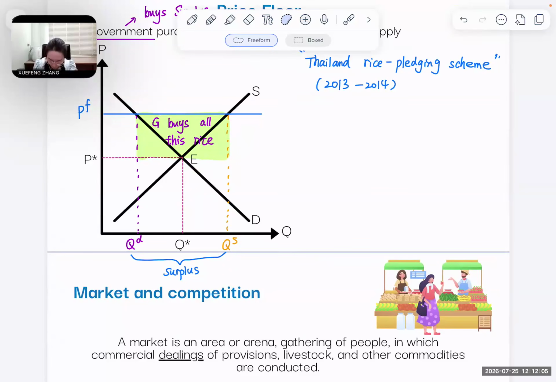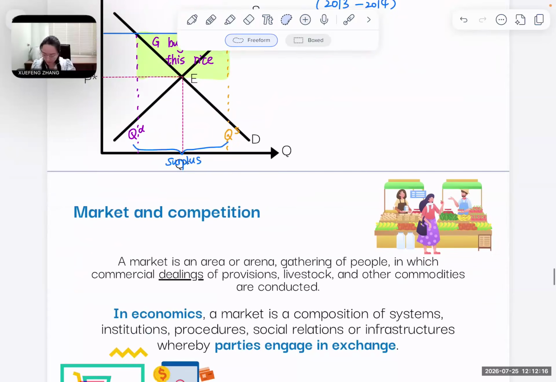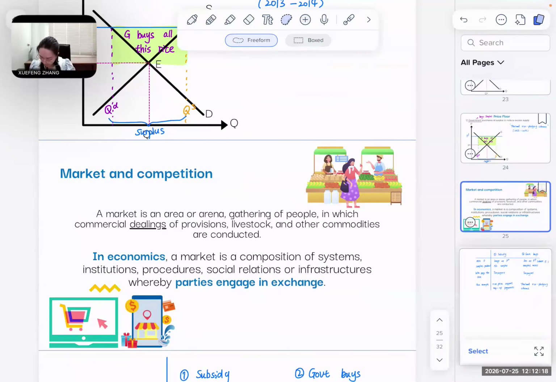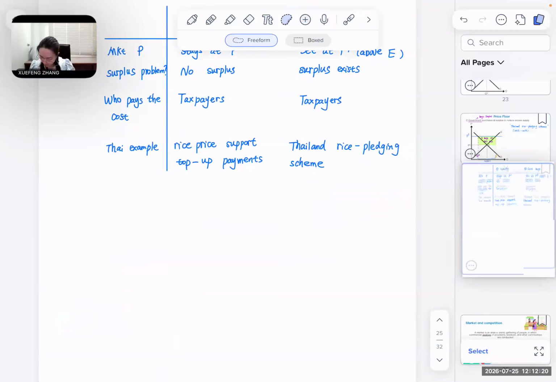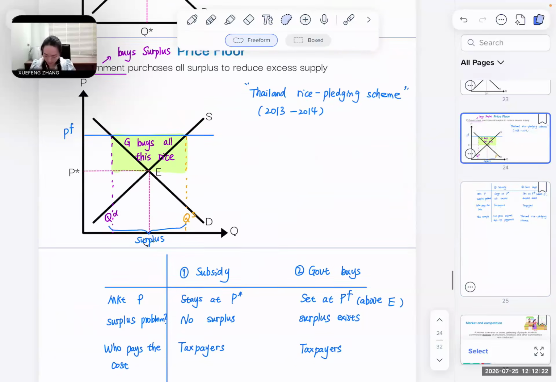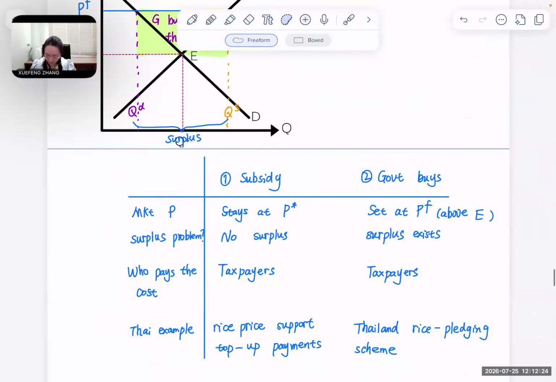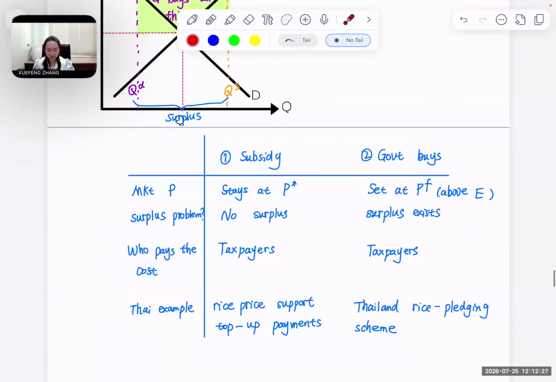Let me move this one. Okay, let me move this one, and then this page should be here. All right. Okay, so I summarized the difference for subsidy and government buys for you.